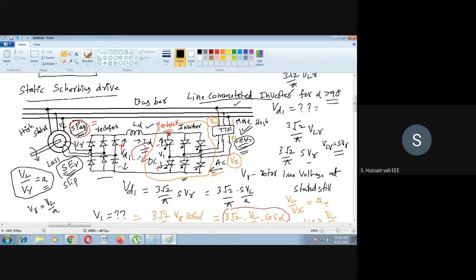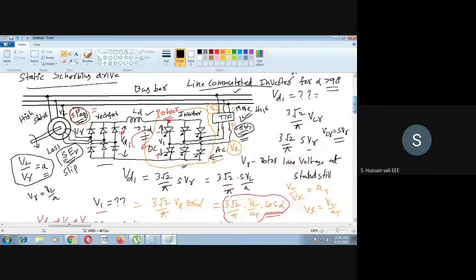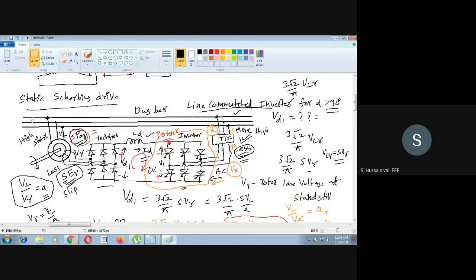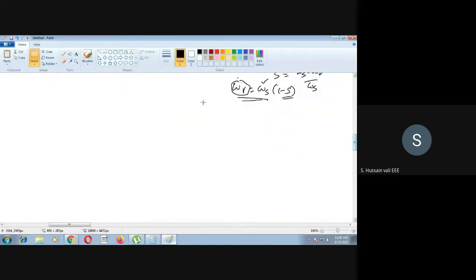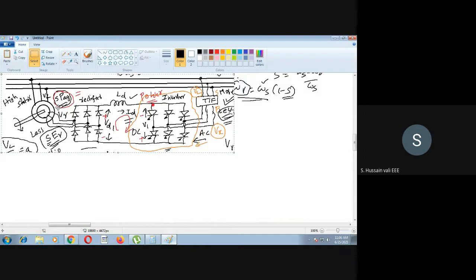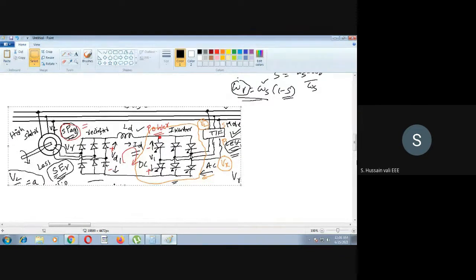So rather than redrawing, I will just copy this entire picture. Yeah, please, I will tell you the difference here. The only difference I will tell you here. Everything is same except instead of having the diodes, you have the thyristors. So I will just highlight this here in the picture so that I don't need to redraw the picture once again.